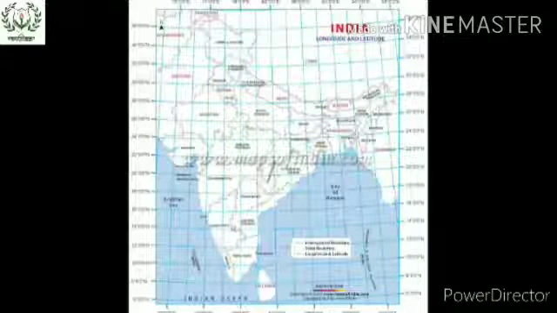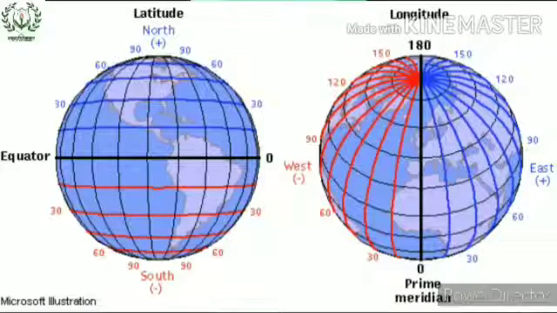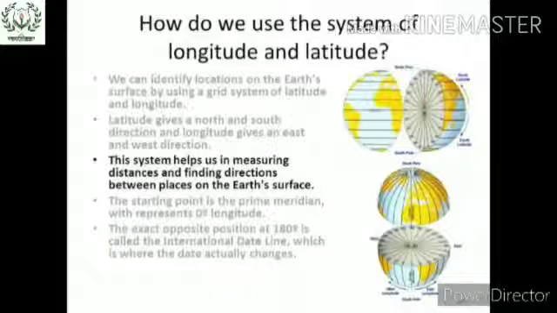We can identify locations on the earth's surface by using a grid system of latitude and longitude. Latitude gives a north and south direction, and longitude gives an east and west direction.